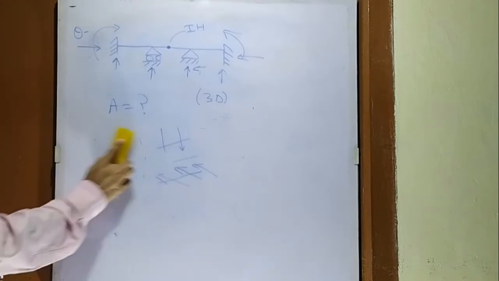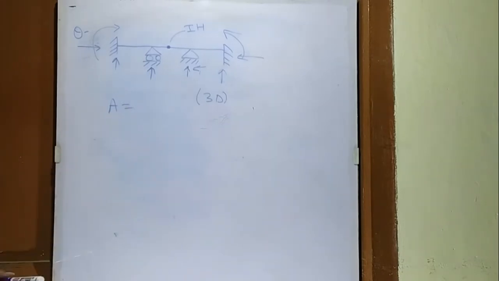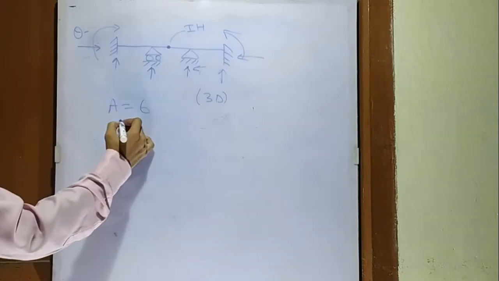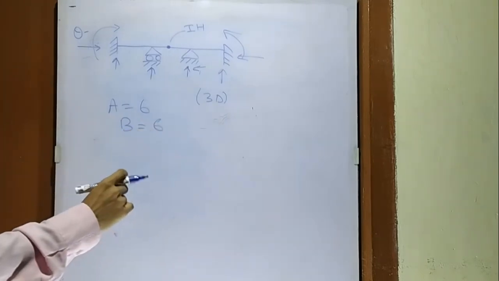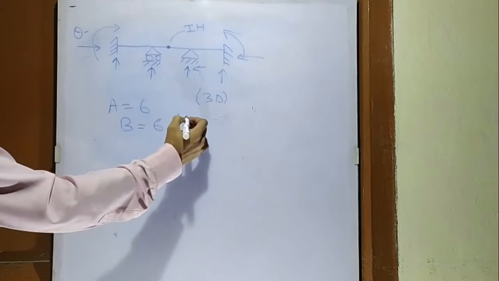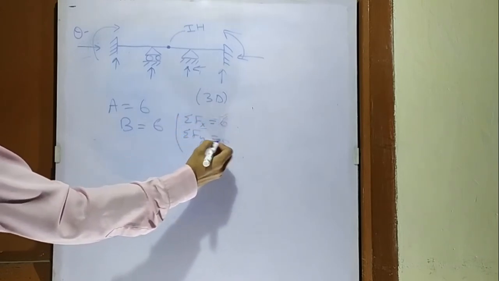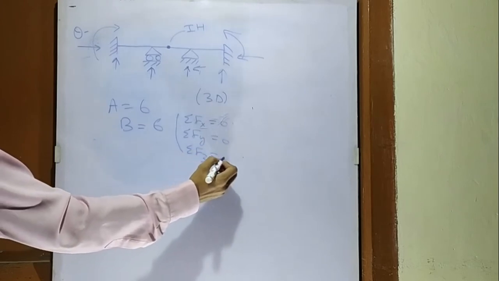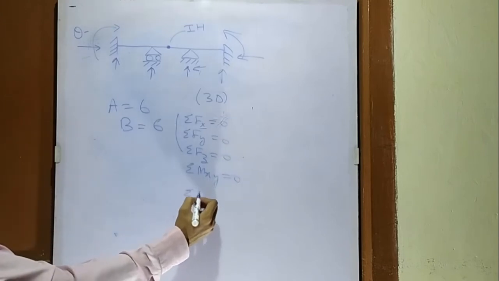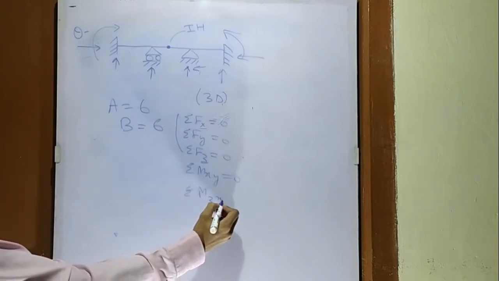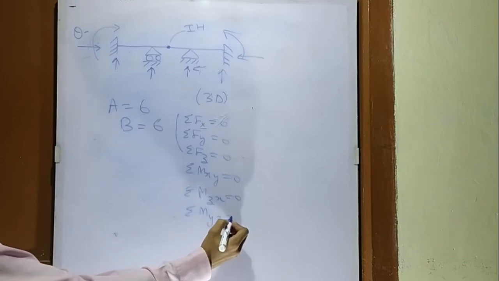And what will be the value of B? We have found the value of A as 6. The value of B will also be 6, because in the case of 3D there will be sigma Fx = 0, sigma Fy = 0, sigma Fz = 0, sigma Mxy = 0, sigma Mzx = 0 and sigma Myz = 0.